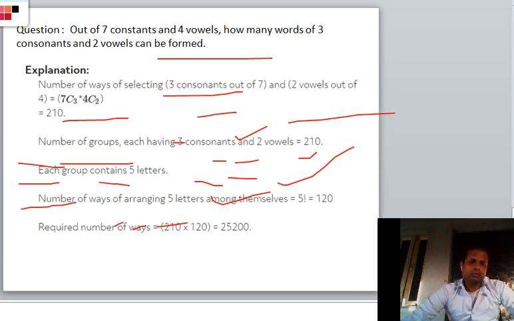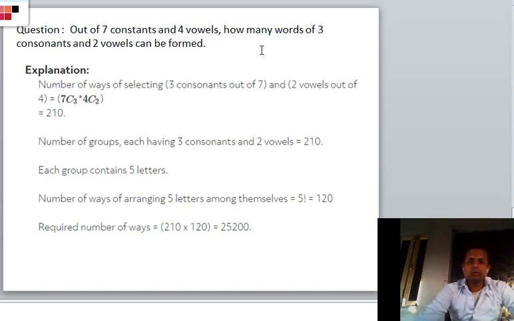Now come to the next question, students. Out of 7 consonants and 4 vowels, how many words of 3 consonants and 2 vowels can be formed? Again it's a permutation and combination mixed problem.